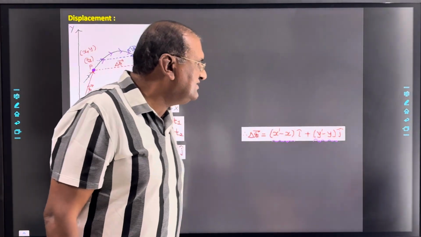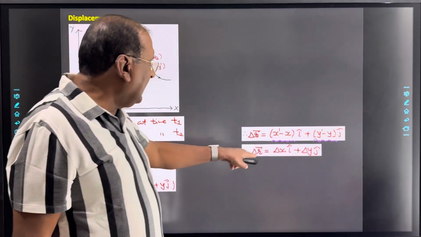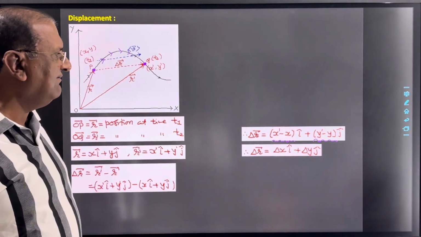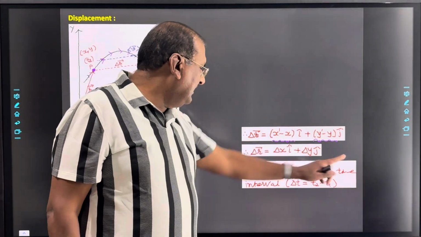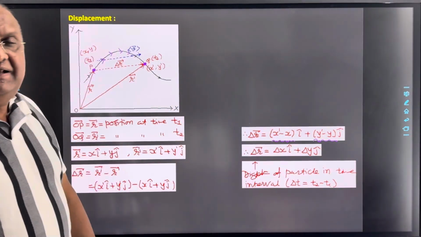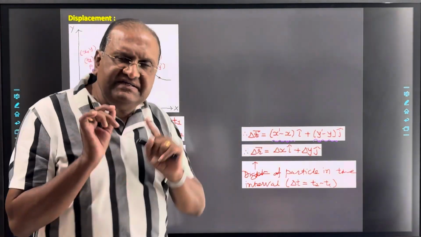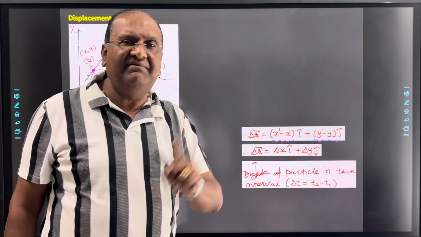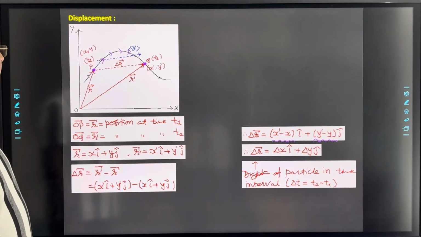Similarly, y dash minus y, we can represent as delta y. So delta r equals delta x i caret plus delta y j caret. So here the displacement of the particle in time interval delta t, t2 minus t1, is delta r, which is equal to delta x i caret plus delta y j caret. So in this way we can prepare the displacement vector. Clear bachcho?